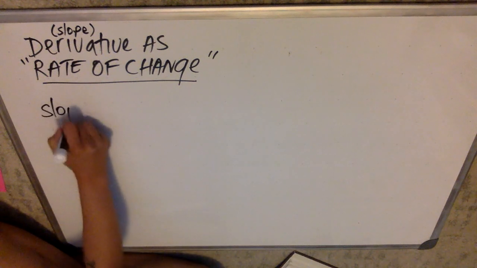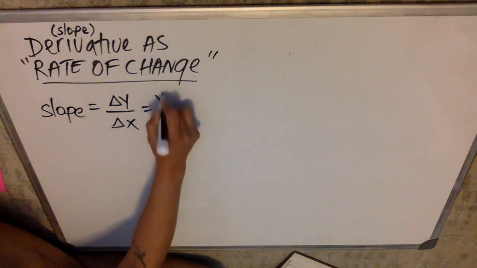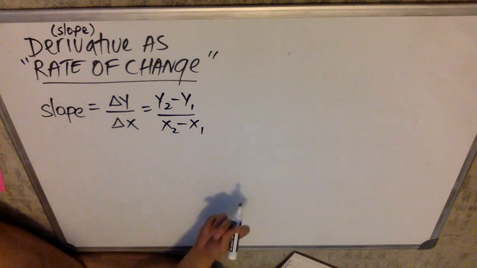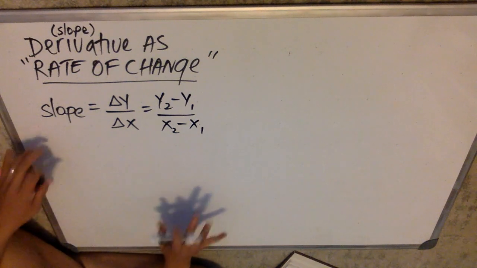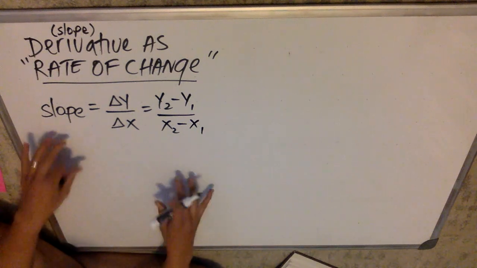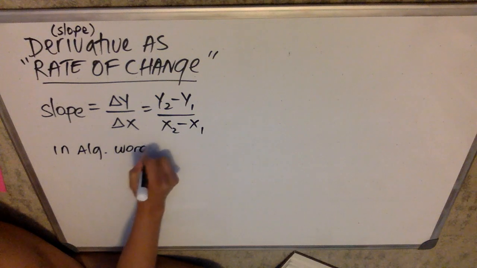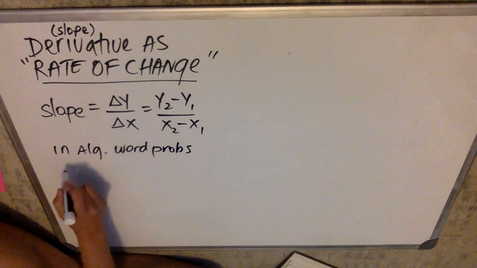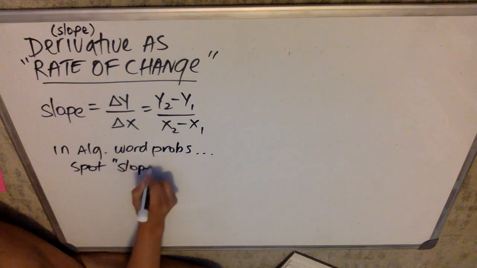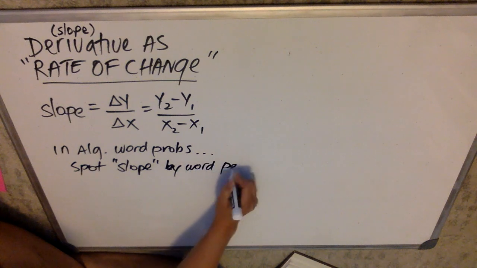So we know way back when in algebra that slope was change in y over change in x, or y2 minus y1 over x2 minus x1. So it's not a shock to us that we frequently see in algebra word problems that you can spot the slope by the word per.